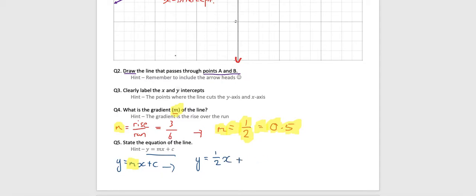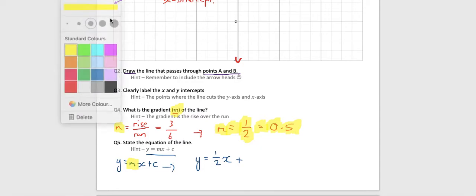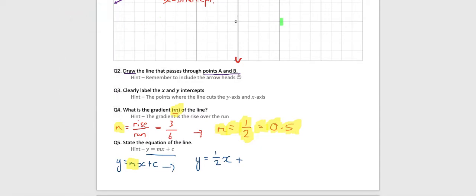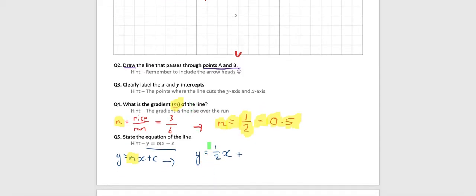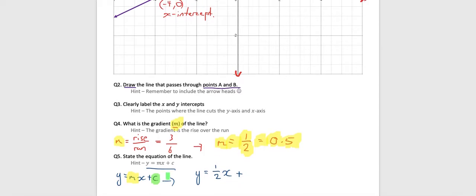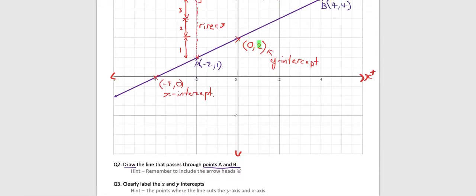Now, this other variable, what is c? Well, recall that when, say for example, x equals 0, what would y equal? So if x is 0, then we're only going to be left with the c value here. So the question at hand is, what is our y-intercept? So our c value is this guy here. So what is our value of c in this case?